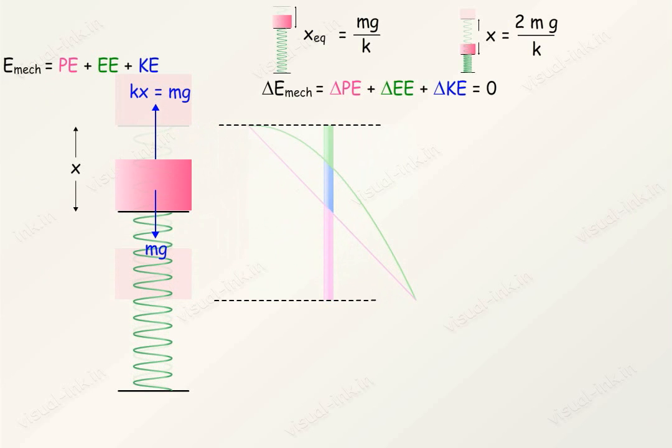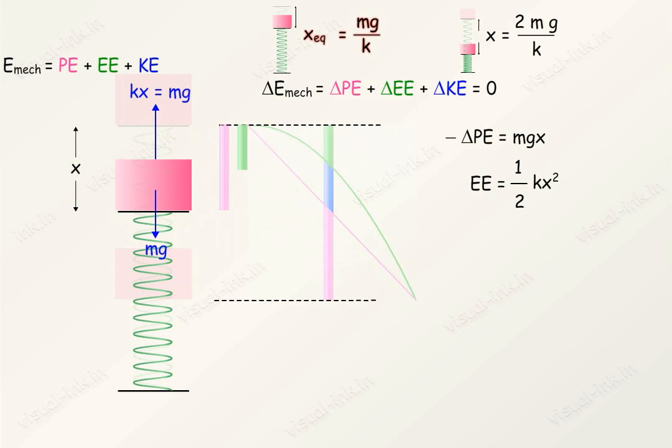Now, for the equilibrium position, if we write the energy equations from the relaxed position of the spring, the decrease in potential energy of the block is equal to mgx, and the elastic energy of the spring is half kx square.